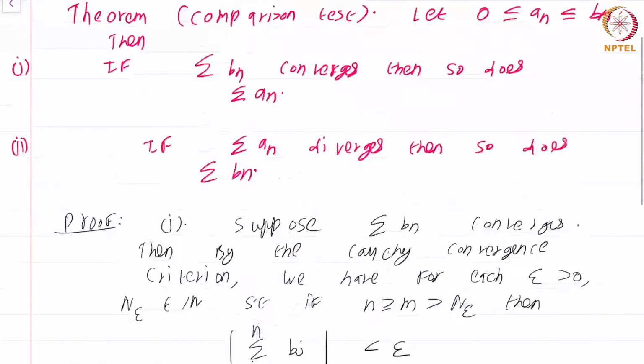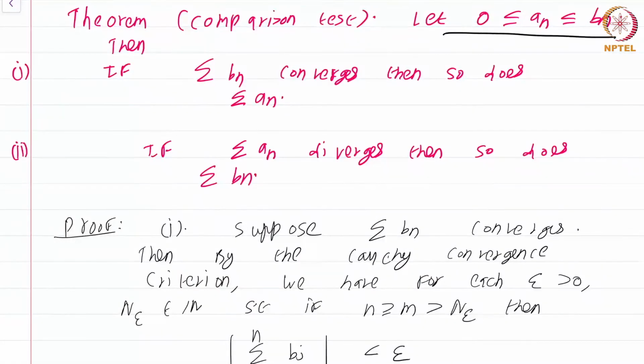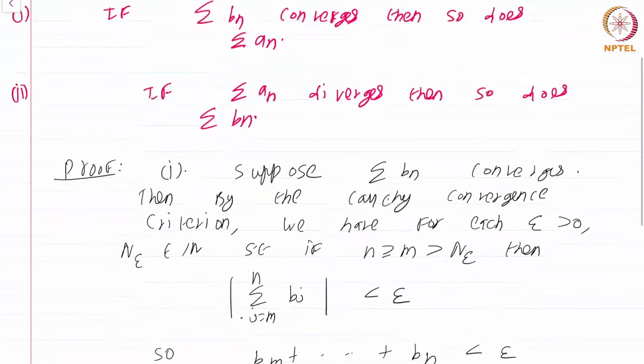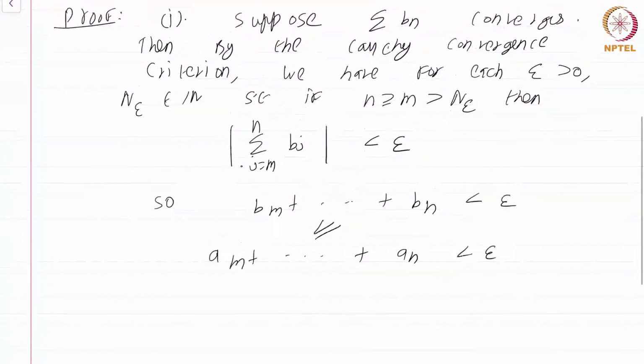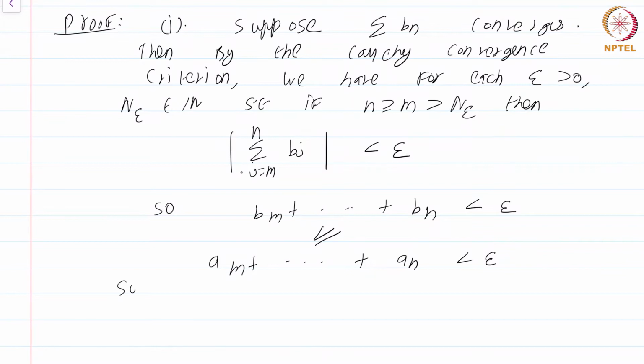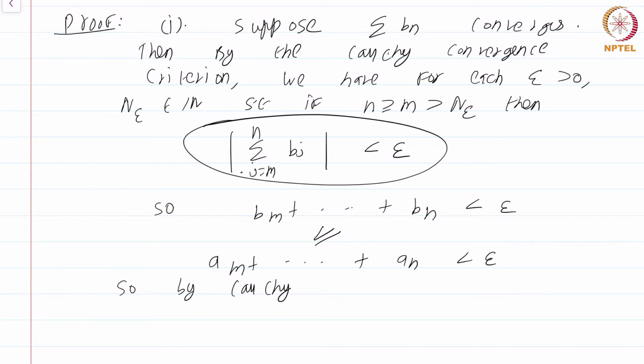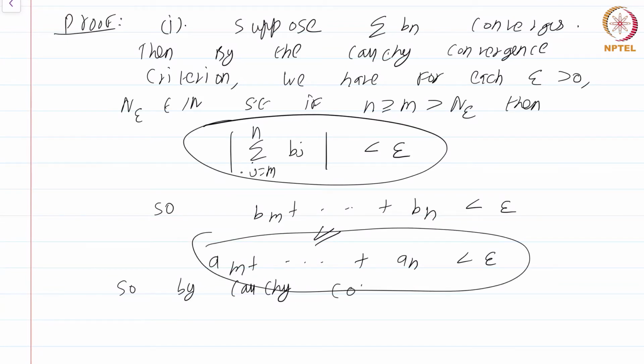That's our hypothesis: 0 less than or equal to a_n less than or equal to b_n. So by the Cauchy convergence criterion, again remember it is an if and only if condition. If a series is convergent, then this must happen. If this happens, then the series is convergent. So by the Cauchy convergence criterion, we are done.